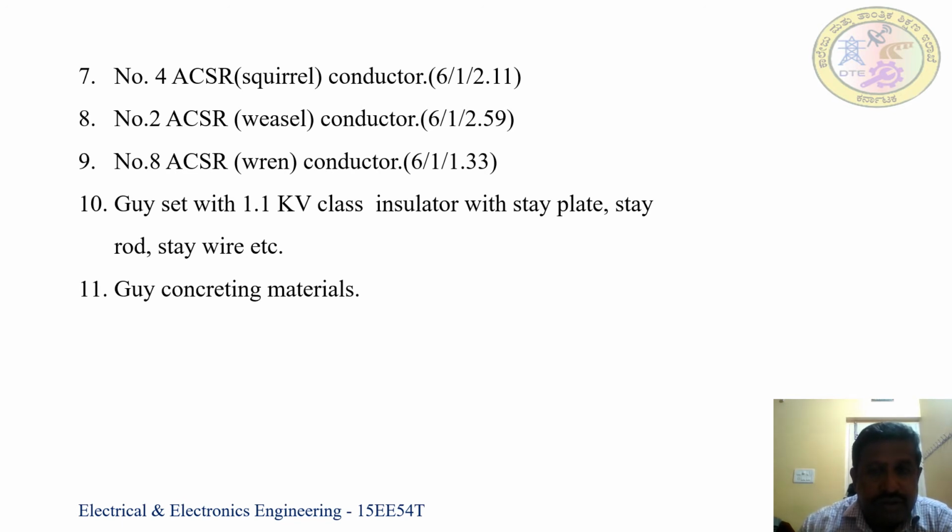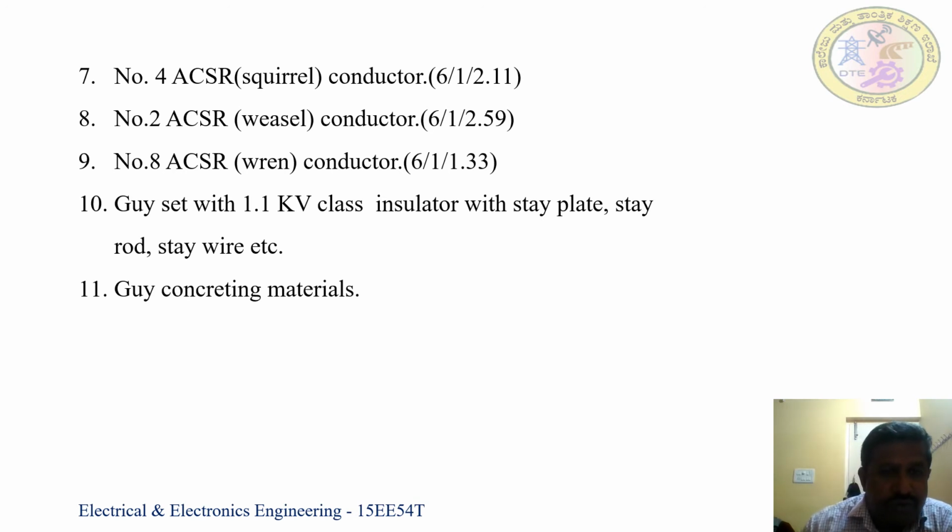It is 6/1/2.11. So here 6 means 6 numbers of aluminium conductor, 1 is 1 number of steel conductor. Both aluminium and steel conductors diameter is 2.11 mm.